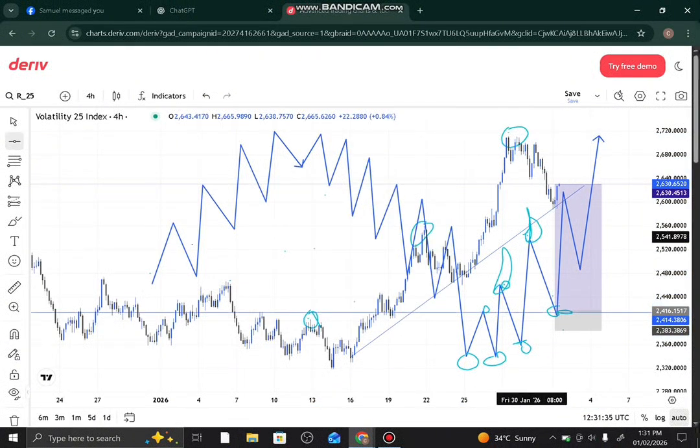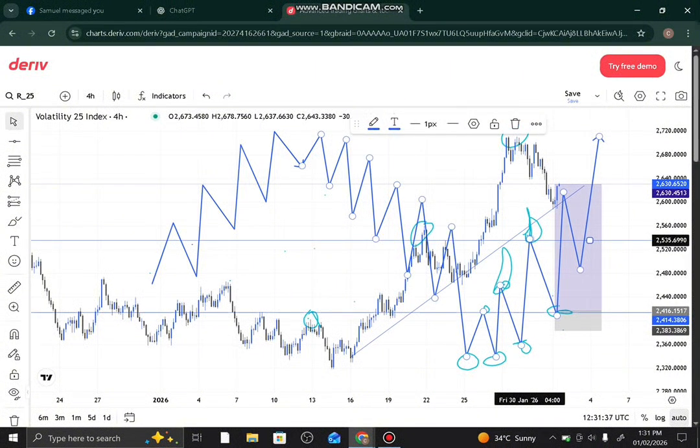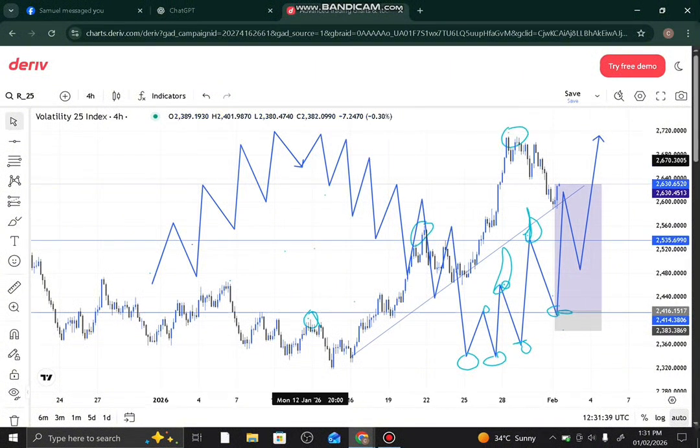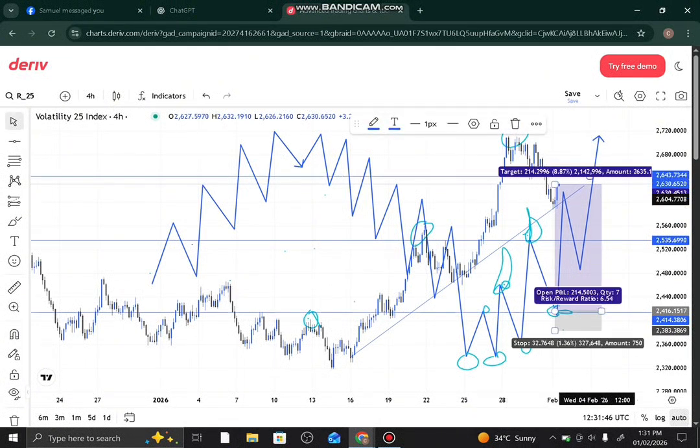Your first TP can be around this high, which I'm going to mark. Can you see it? And your second TP, you can leave it to be around this level. So can you see?